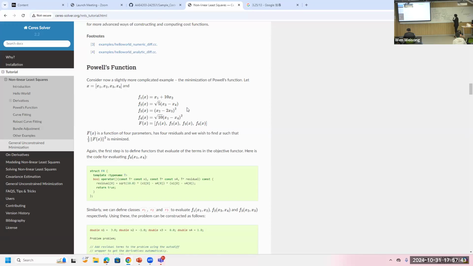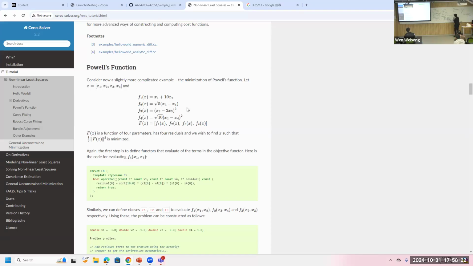In this case the whole process is still the same. Step one is to set the initial guess: x1, x2, x3, x4 are all 0. This is the first step. Of course, we can calculate this Jacobian matrix directly.